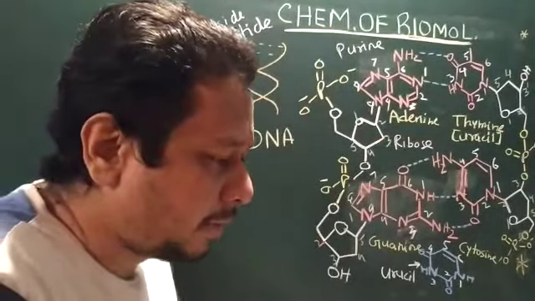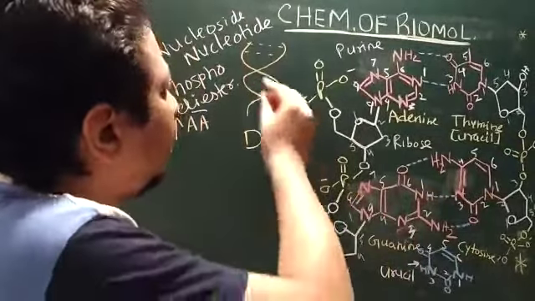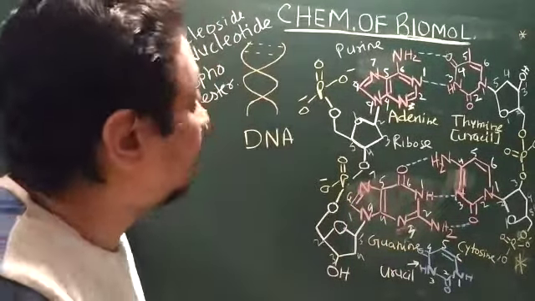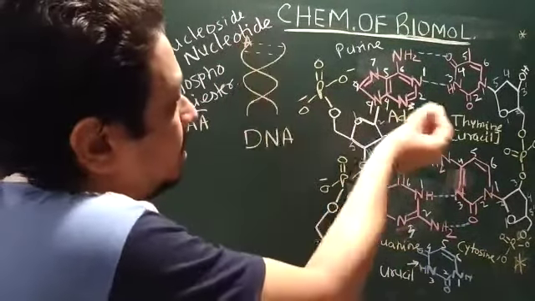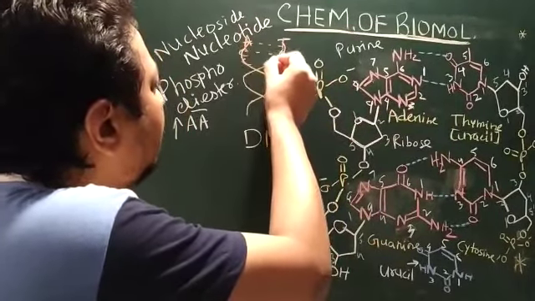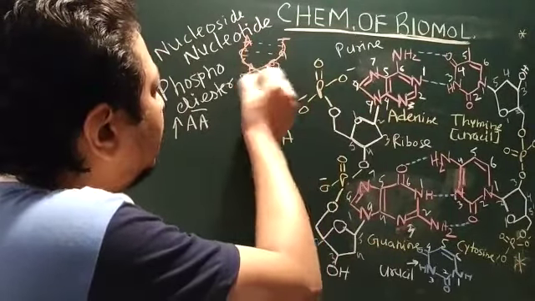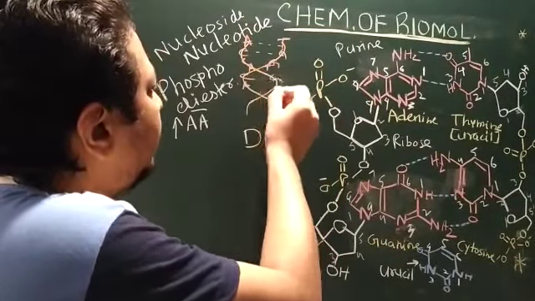Now coming to the DNA structure, especially we have this combination of A, T, C, G. Like that, a DNA structure can be written.